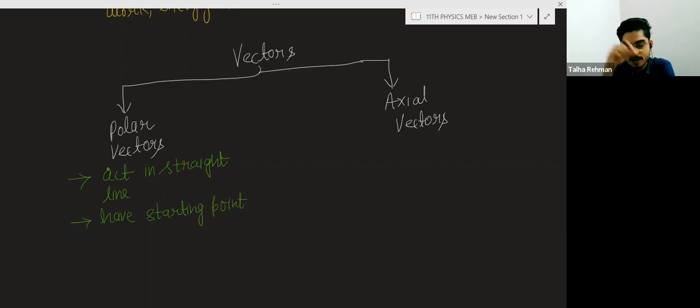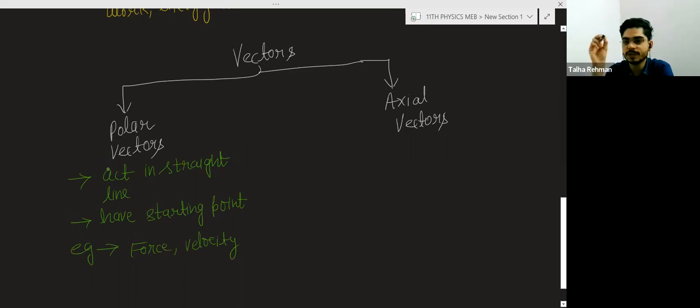For example, force and velocity are examples of polar vectors. When you apply force, that force will always be in a straight line. So force is a polar vector.